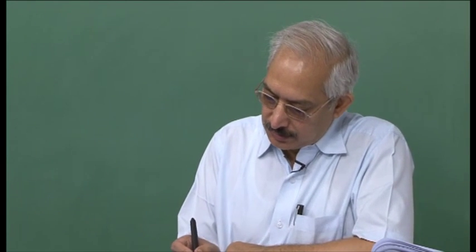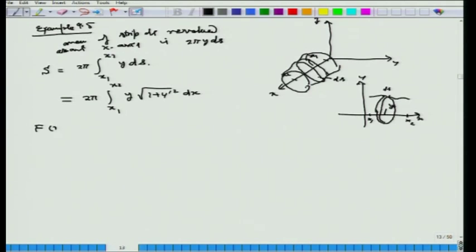So, here f of x, y, y prime in general is given by 2 pi y square root 1 plus y prime square, which is a function of y and y prime only.